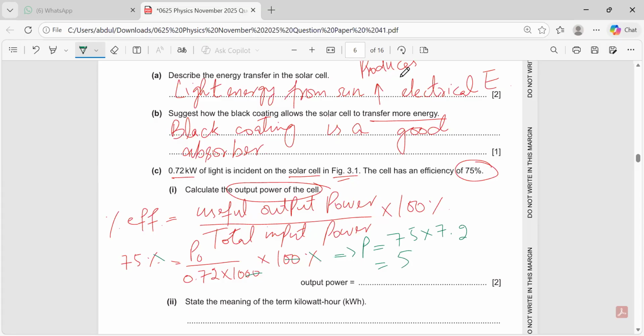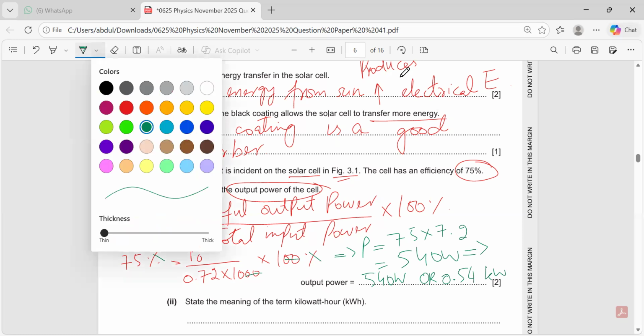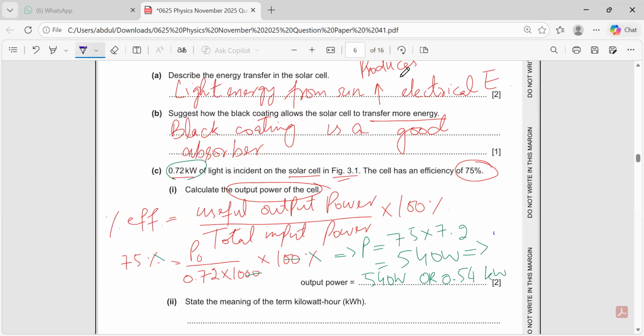Output power is 540 watt. As input is in kilowatt, we can also write the answer in kilowatt. This implies that either you can write here 540 watt or 0.54 kilowatt. Why? Because, my dear friends, to convert from watts to kilowatt, we need to divide by 1000.